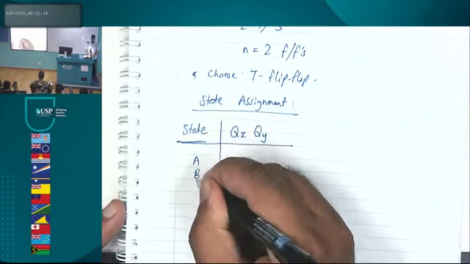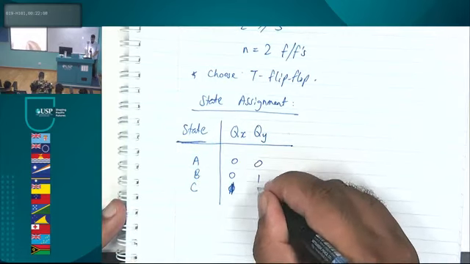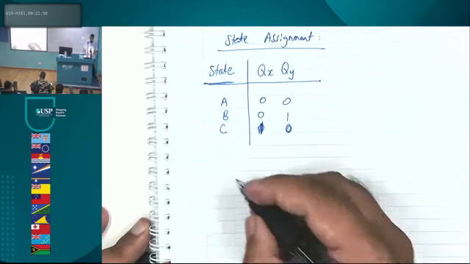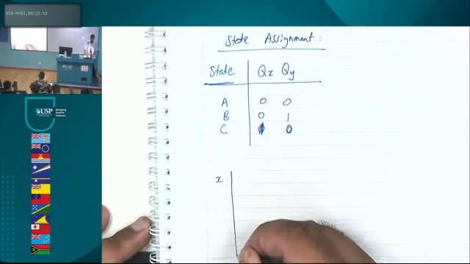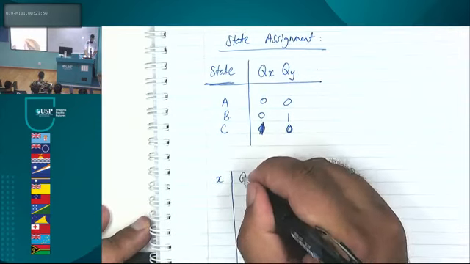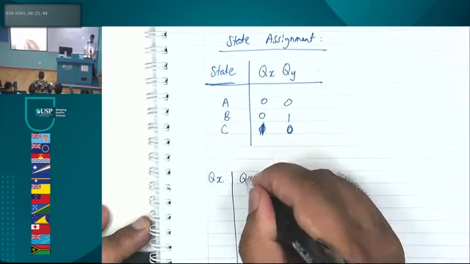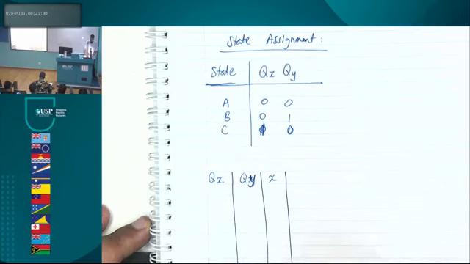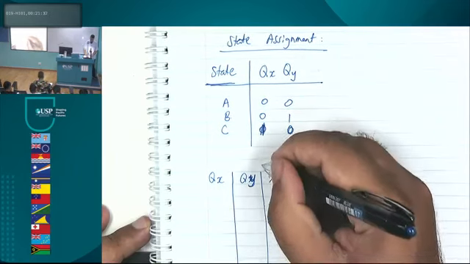State A, B, C. It'll be 00, 01, 10. Okay? All right, now, so what do we do? Our input is, okay, so we have X, you have QX. Okay, maybe I'll write it differently. QX, QY, input X.